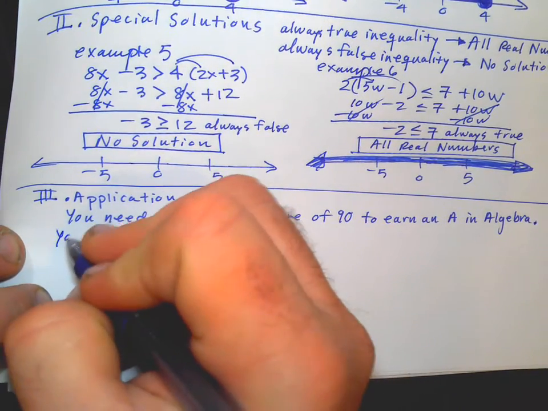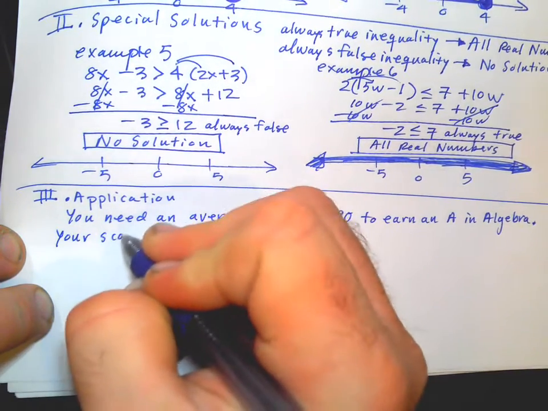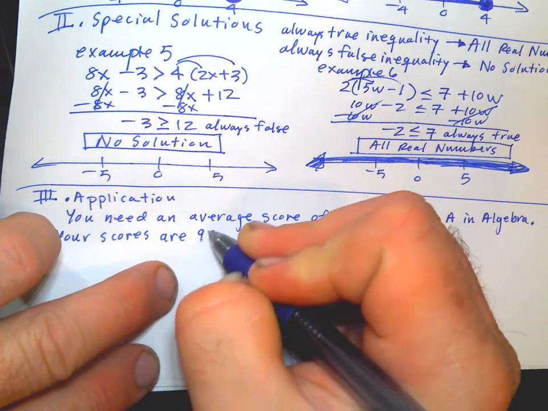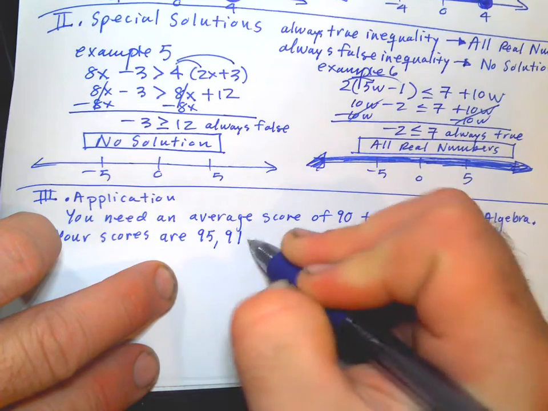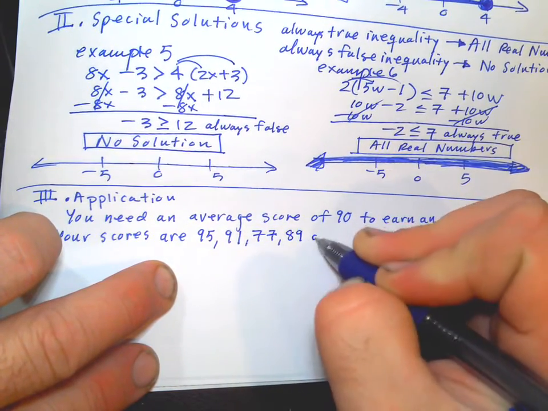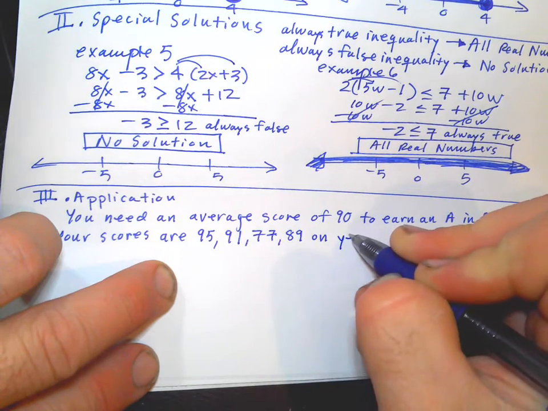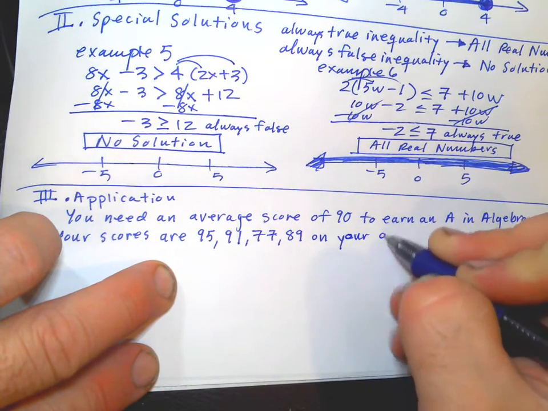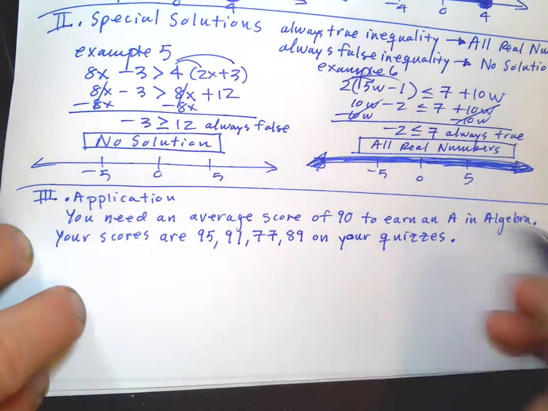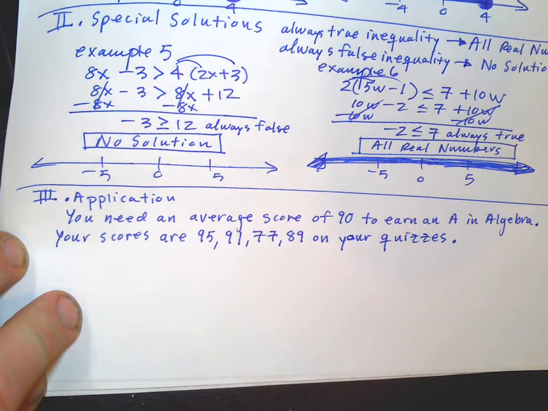Your scores are 95, 91, 77, 89 on your quizzes. Okay? So far you've had 4 quizzes.